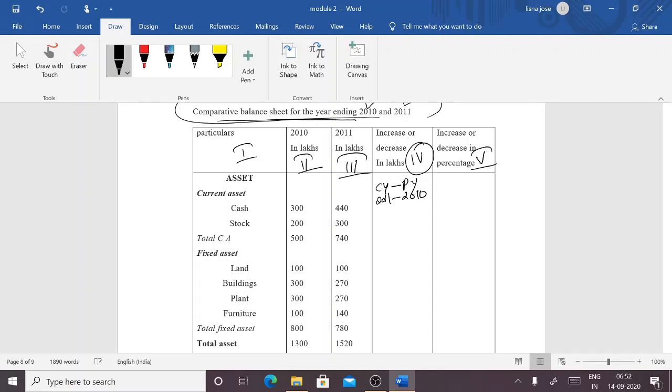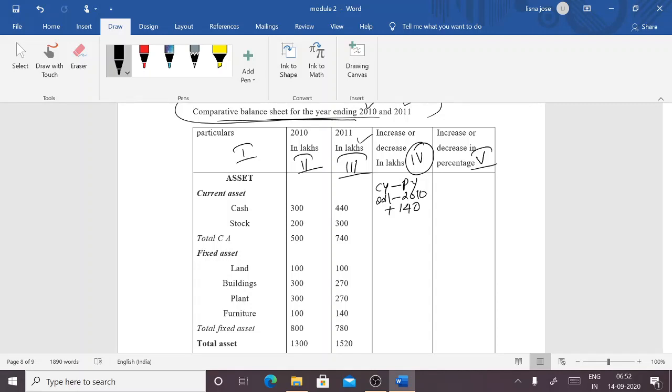This is how all the calculation is done. That means there is an increase of 140, so you can mention it as plus 140.